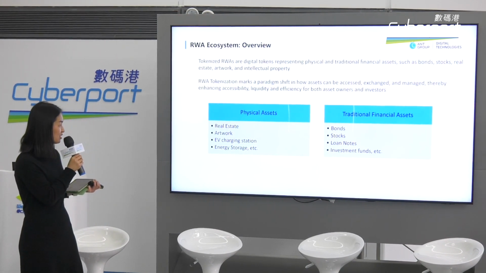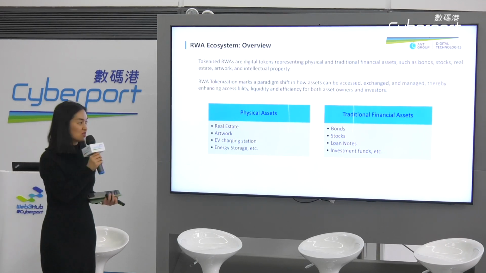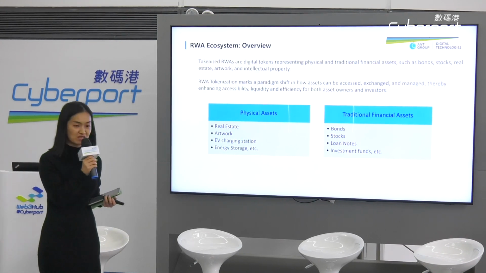Broadly speaking, there are two types of RWA: the physical assets and the traditional financial assets.